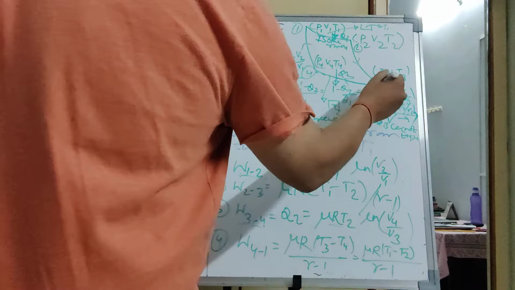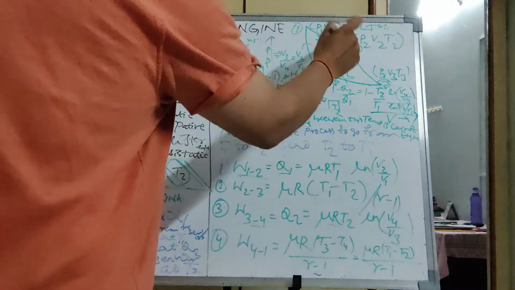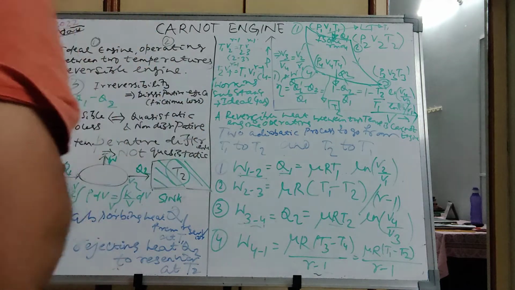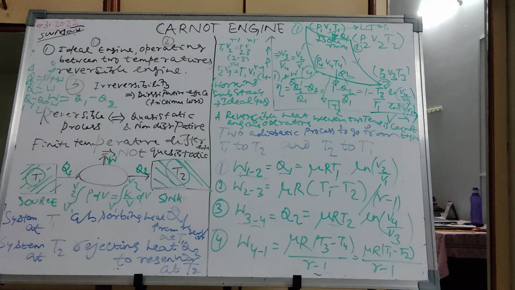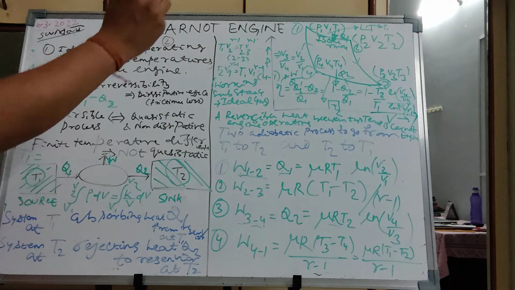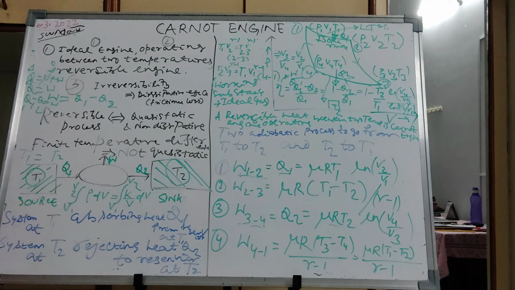What is happening? You can see here, 1, 2, so T1, T2. T1 is equal to T2, you know.